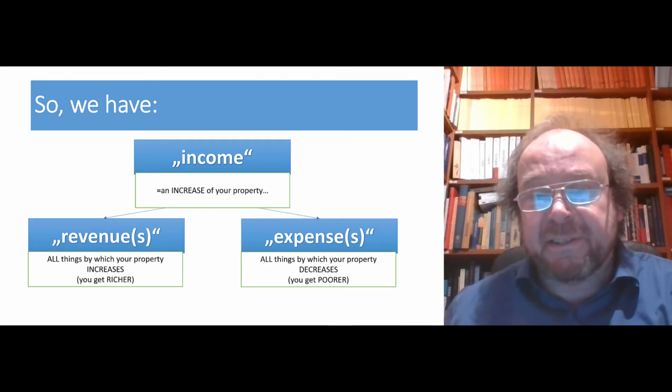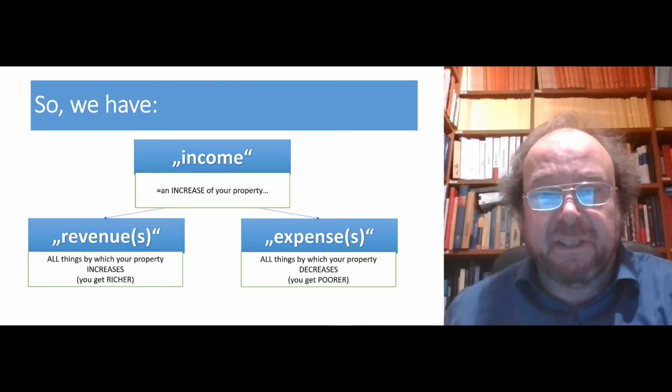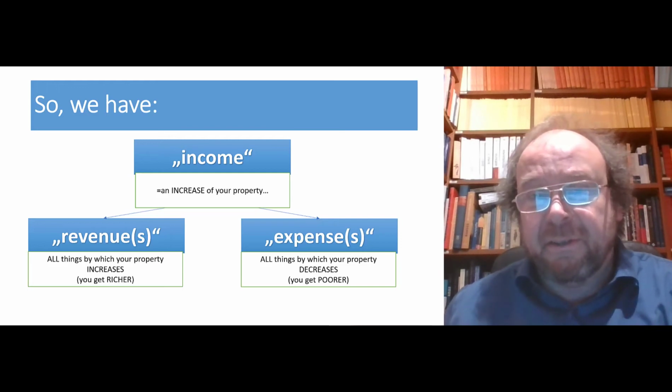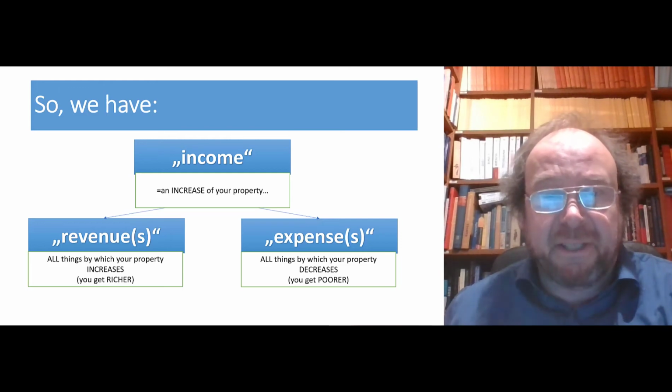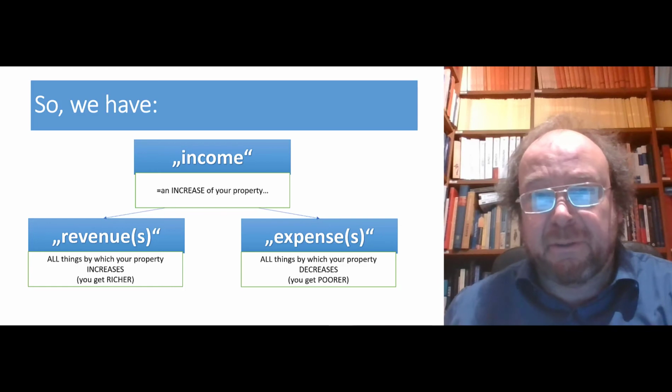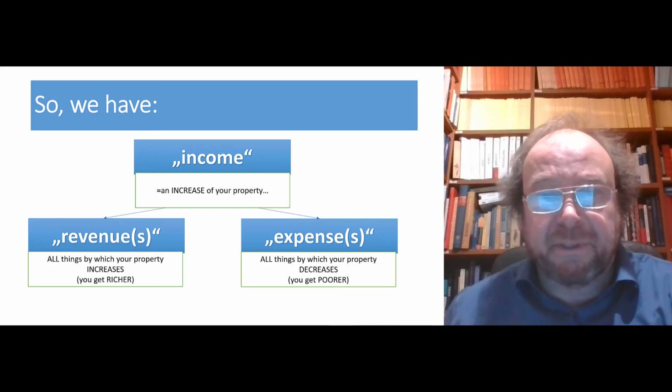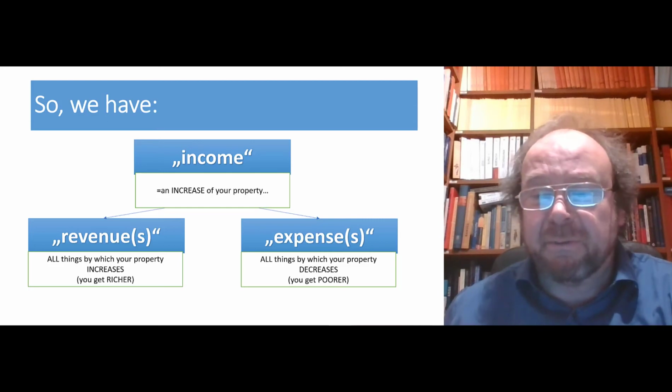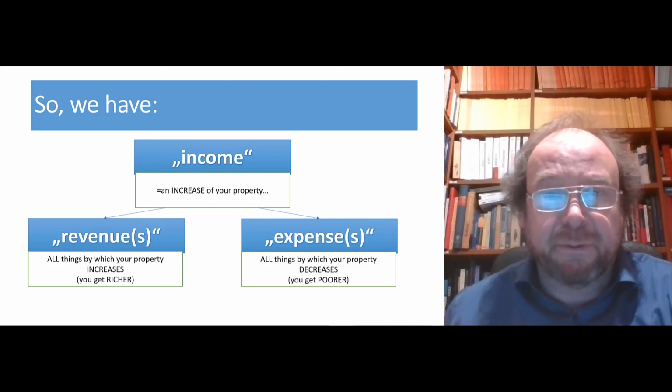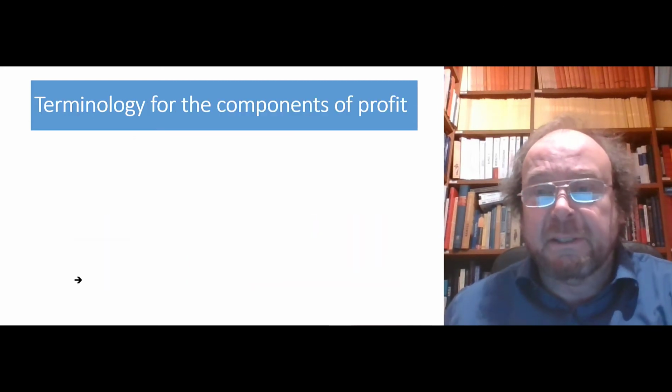Income is nothing else than an increase of your property, and it is the result, the difference, of revenues and expenses. Revenues is everything which increases your property. Expenses is everything which lowers your property. To say it plain and simple, you get richer or poorer.